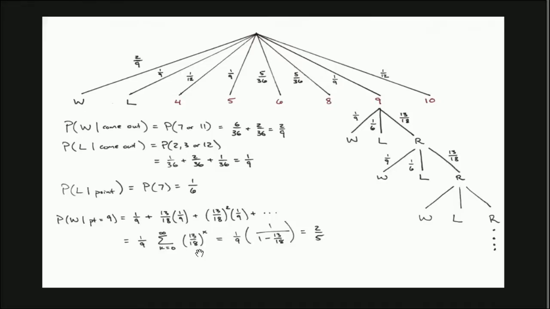With our geometric series, the ratio had to be between 0 and 1 so that the series converged. And so that gives us a sum of 1/9 times 1 over 1 minus 13/18. And so the probability of winning, given that the point is established at 9, is only going to be 2/5.